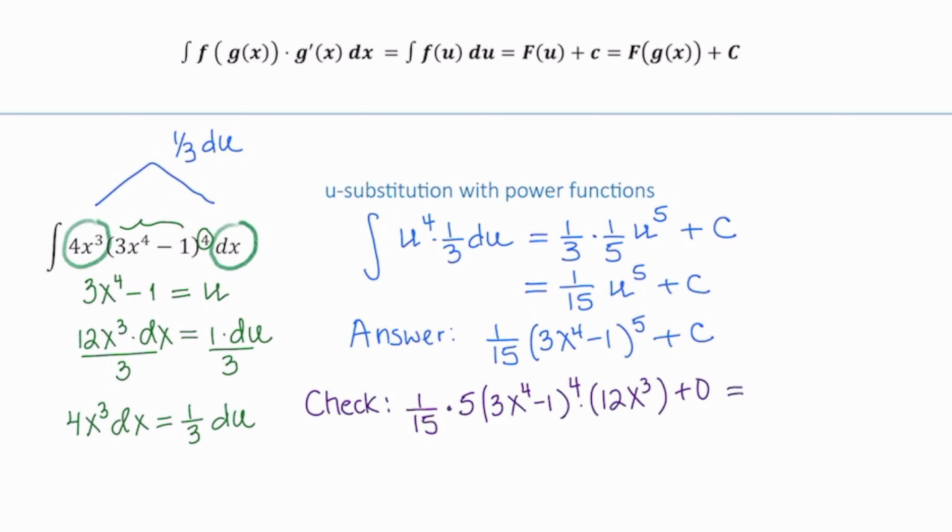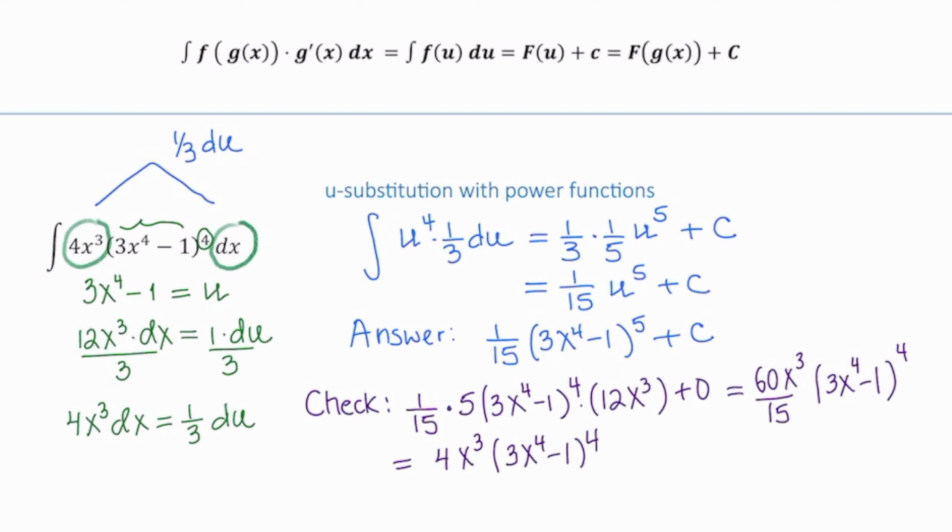So we get that. So now let's simplify this. What do we get? Okay, so we get 60x cubed over 15. And then here we get 3x to the fourth minus 1 raised to the fourth power. And then 60 and 15, that gets reduced. So we get 4x cubed times 3x to the fourth minus 1 raised to the fourth power.